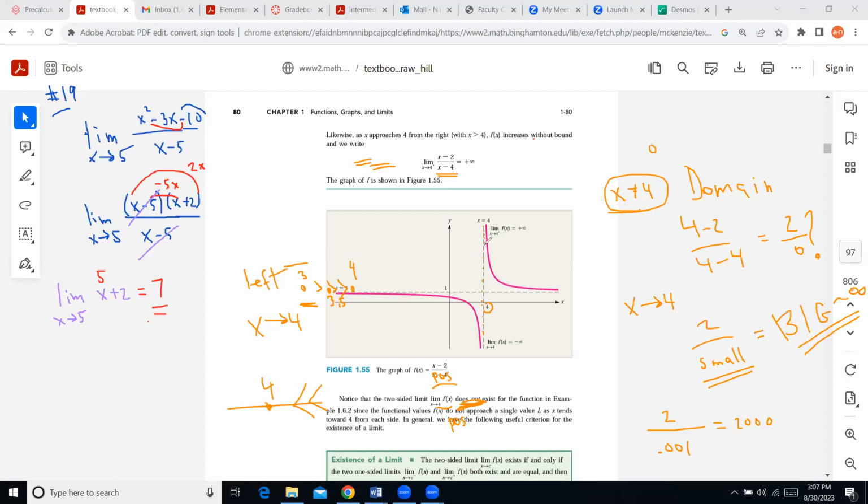I can see also a horizontal asymptote. We'll talk about it later. For now, we just look at these left and right limits. But yes, of course, limits will identify asymptotes, and that's actually why we need limits. Because once we figure out we have an asymptote, then we'll be able to graph. How?